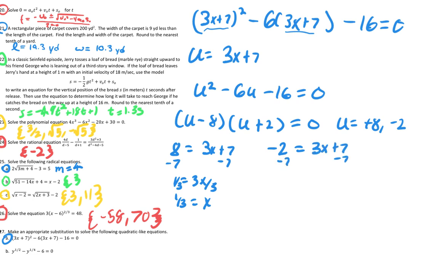Again, subtract off 7 from both sides, and then divide by 3. So x is equal to a positive 1/3 and a negative 3.